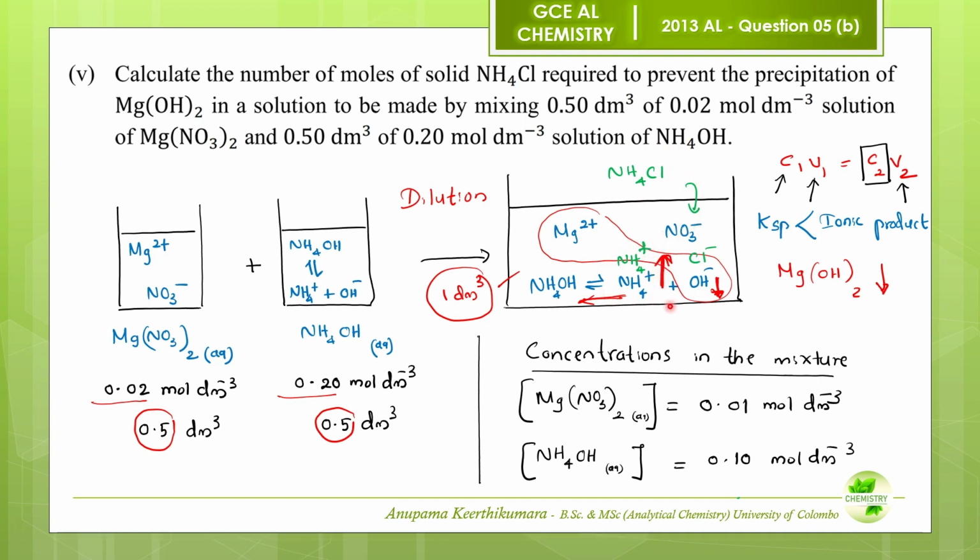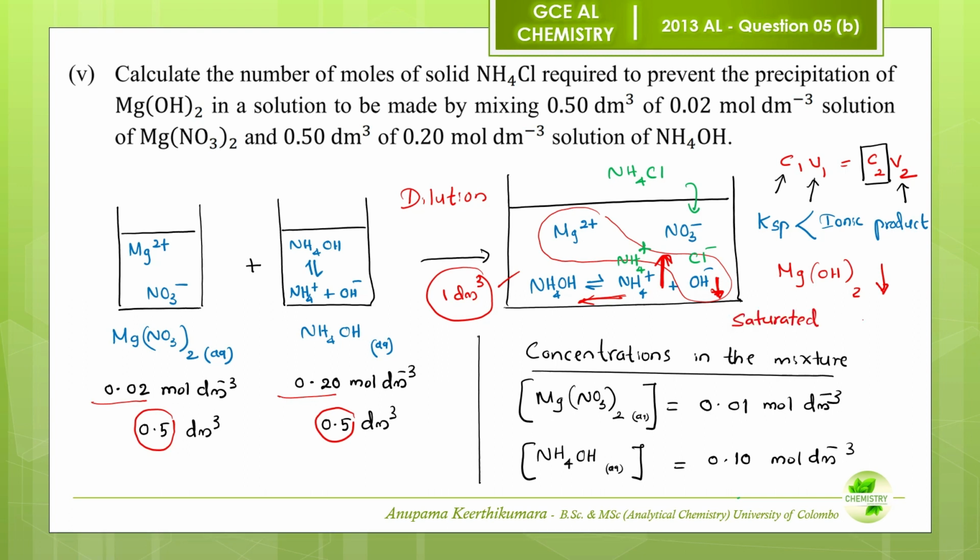Therefore, according to Le Chatelier's principle, this dissociation goes in the reverse direction. It gives less OH minus concentration. With increasing concentration of added ammonium chloride, OH minus ion concentration decreases. Therefore, the ionic product decreases with the addition of ammonium chloride. If the ionic product is less than Ksp, a precipitate will not form.